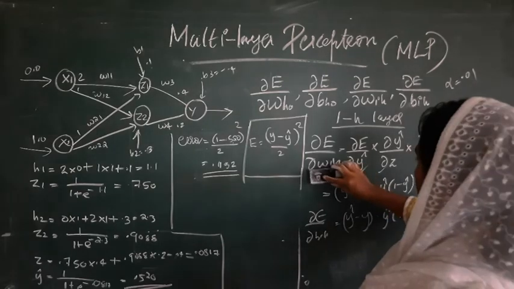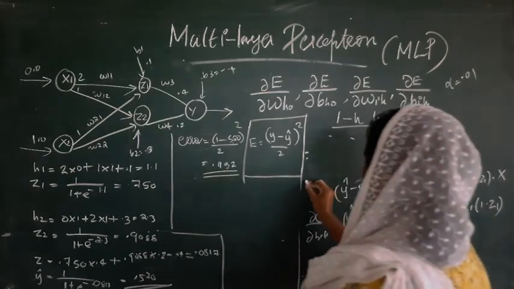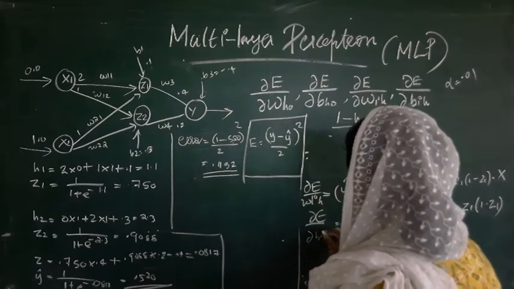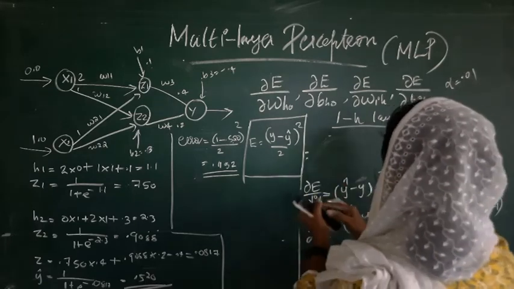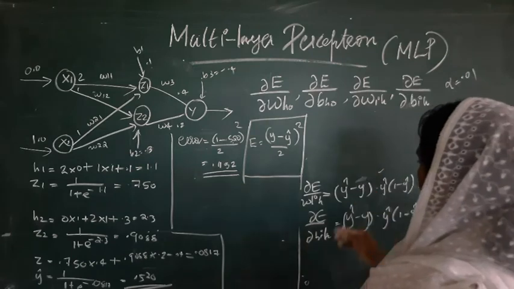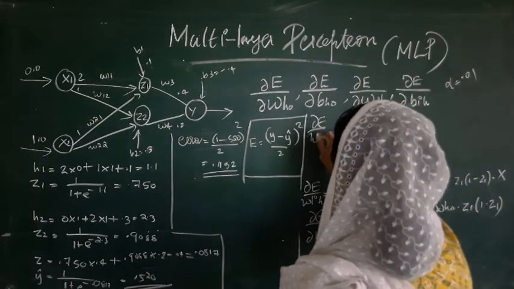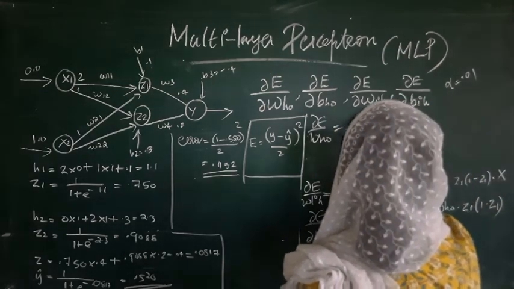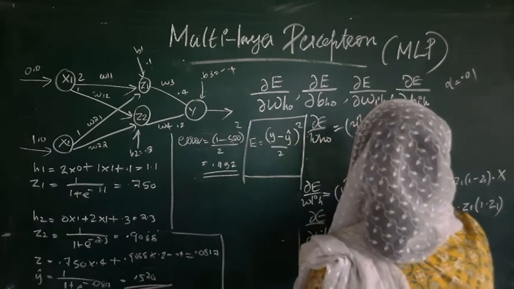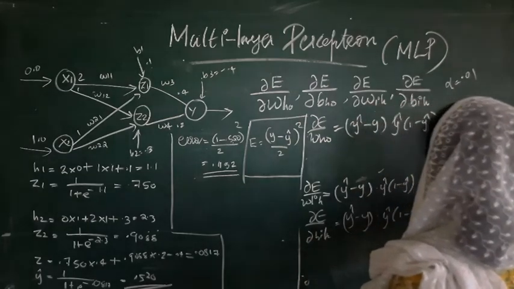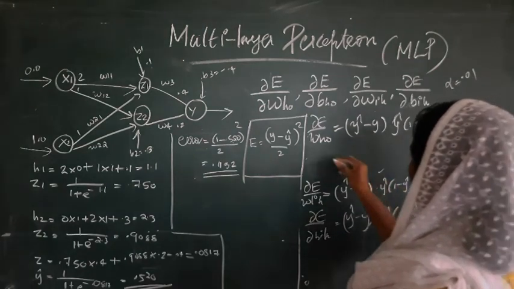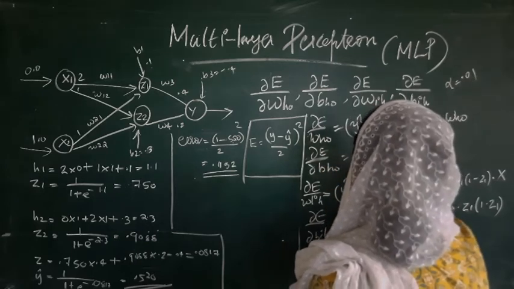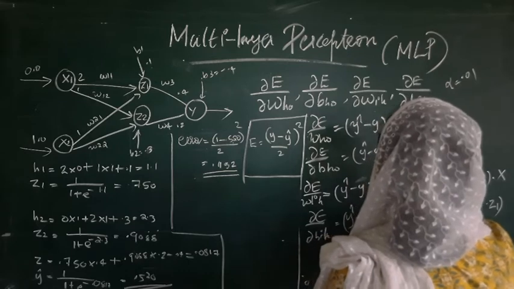I will summarize all the equations now. For ∂error with respect to weights in the hidden to output layer, the first two parameters are y cap minus y into y cap into 1 minus y cap, into z1, not who. For ∂E/∂bho, it is y cap minus y into y cap into 1 minus y cap.